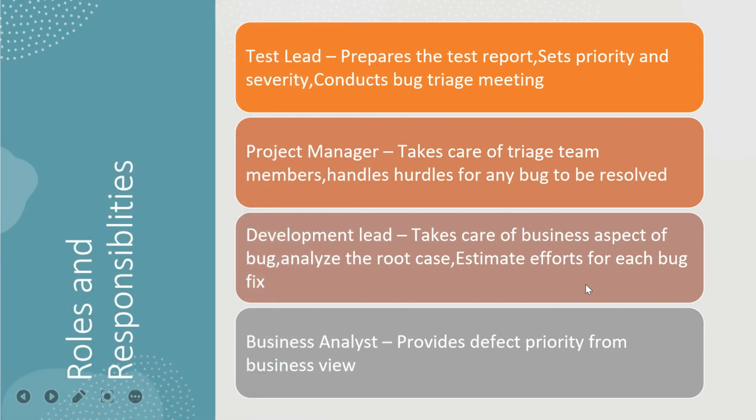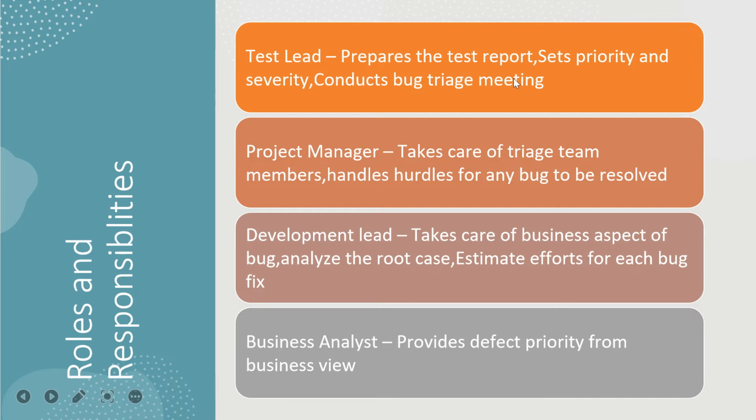Now in the bug triage meeting, who will be doing what? That is also important, right? We'll have the test lead, the project manager, the development lead, and the business analyst. The test lead will represent the testing team, and he's the person who will prepare the bug report.